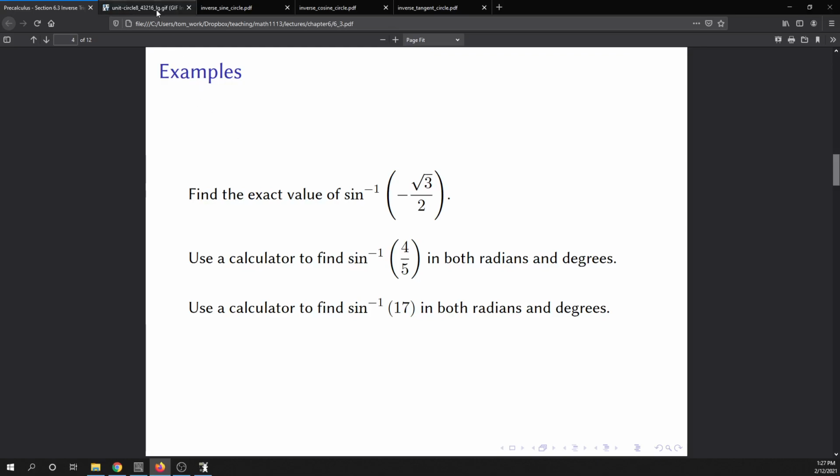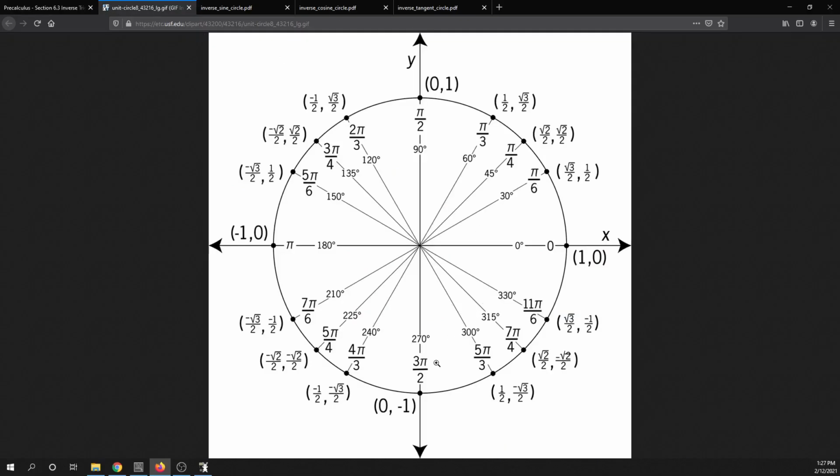It's from minus pi over 2 to pi over 2. So what that means is that you would be looking on the right half of the unit circle, and you would be looking for a point where the second coordinate is negative square root 3 over 2, right?